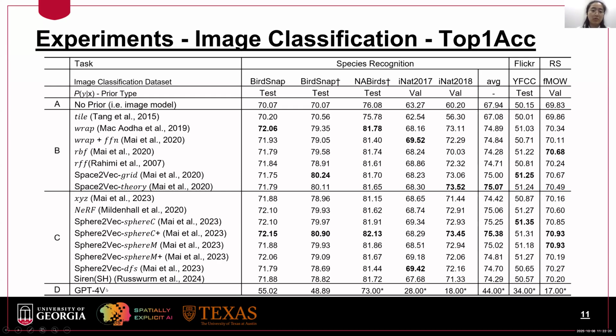In this table, we can see that whether it is a 2D or 3D encoder, basically all the location encoders improve performance over the no prior model. And as for GPT-4V, the performance is worse than the location encoders and the image model.